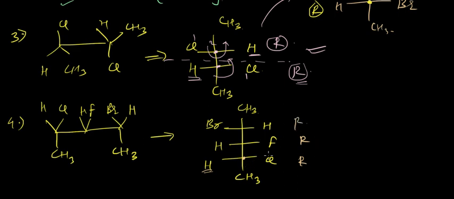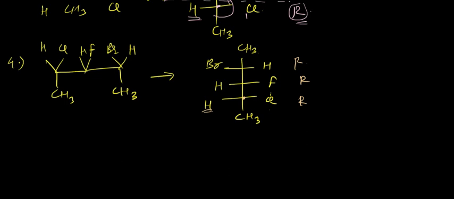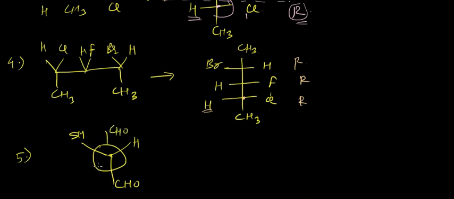Okay, so let's look at the last example for this video lecture. So we have something like this. H, SH, and then we have CHO over here. This is the Newman projection.